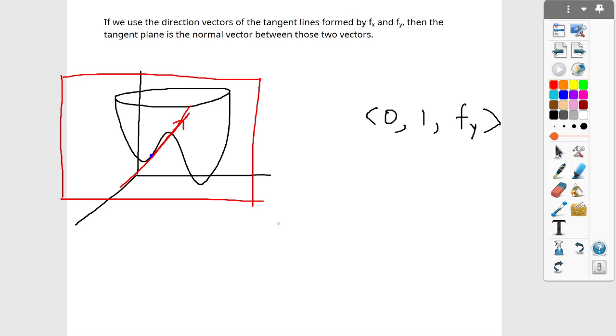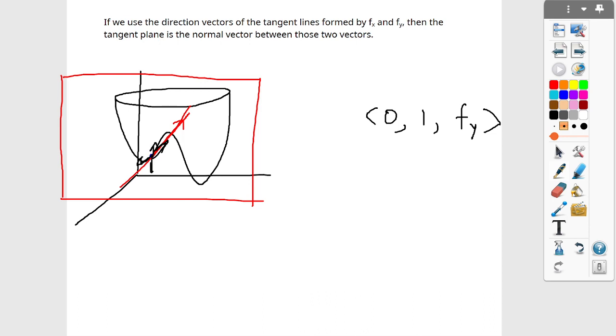Why will that line lie in the tangent plane? If you think about it, the tangent plane is going to have to include the tangent lines of every single direction that goes out of this point. So it's going to have to include this direction, this direction, this direction.